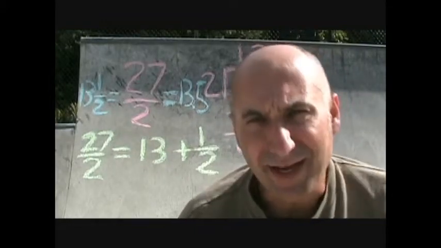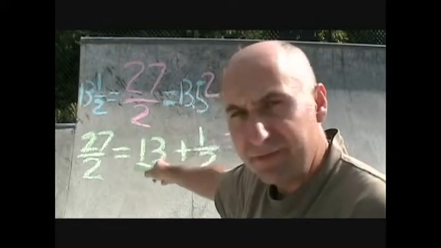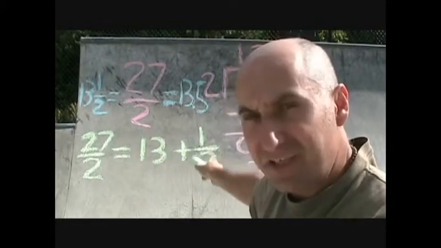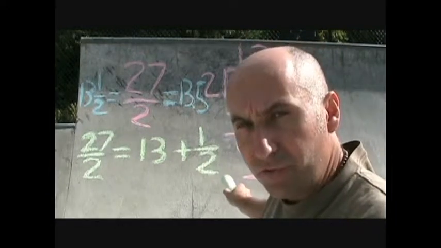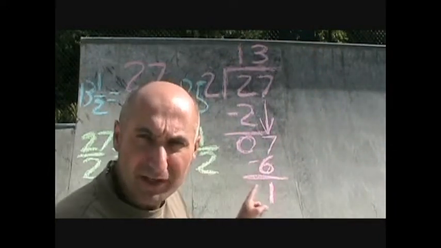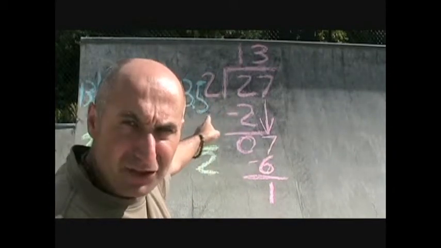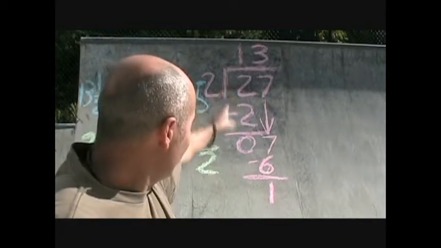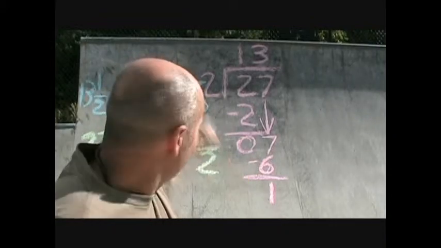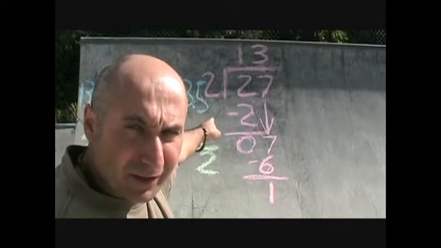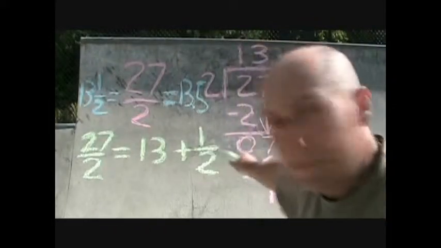So the way you could write it is 27 divided by 2 is equal to 13 plus 1 over 2, which is what we can derive from here. 27 divided by 2 is going to be 13 plus 1 divided by 2, your denominator.